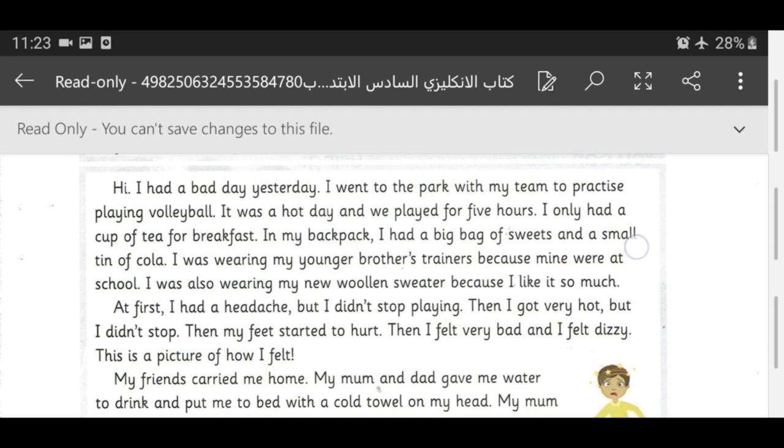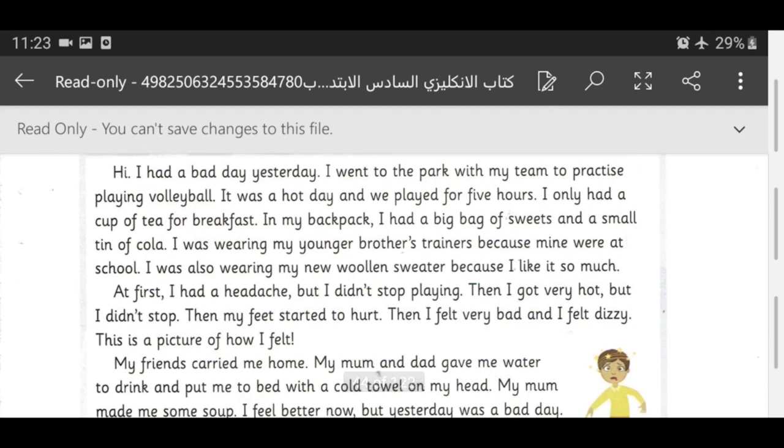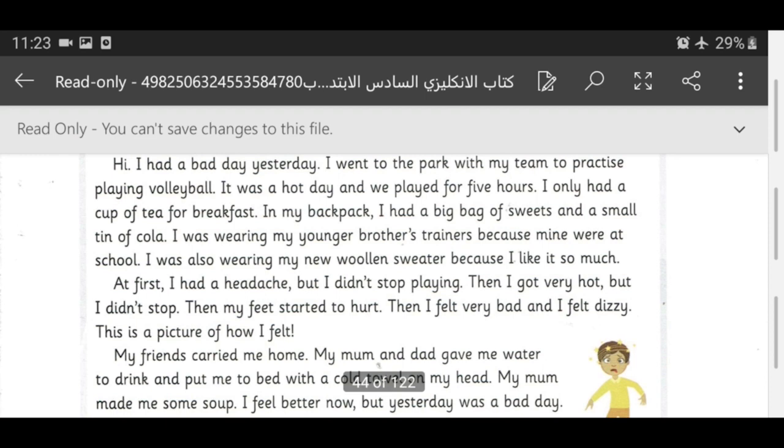In my backpack I had a big bag of sweets and a small tin of cola. I was wearing my younger brother's trainers because mine were at school.